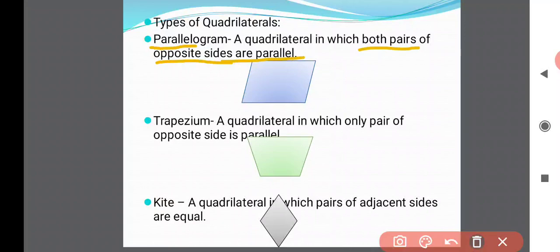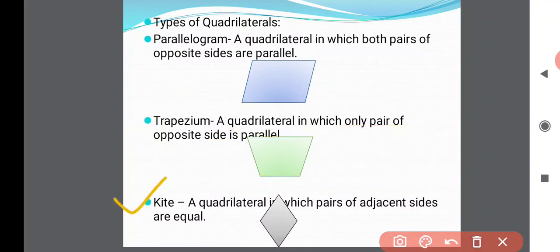Second is trapezium, in which only one pair of opposite sides is parallel. We can observe here that these two sides are parallel and these are non-parallel sides.